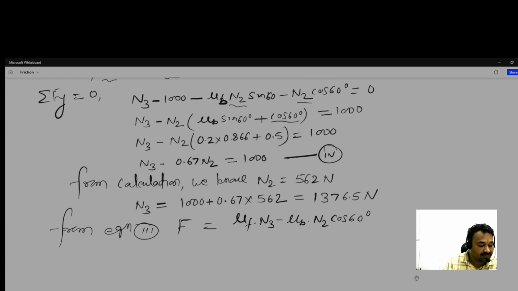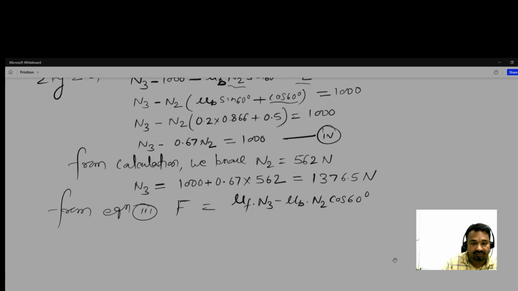So this mu F we have 0.25, and N3 we have 1376.5, and this mu B we have 0.2, it is given, and N2 this one 562, and cos 60 it is 0.5.